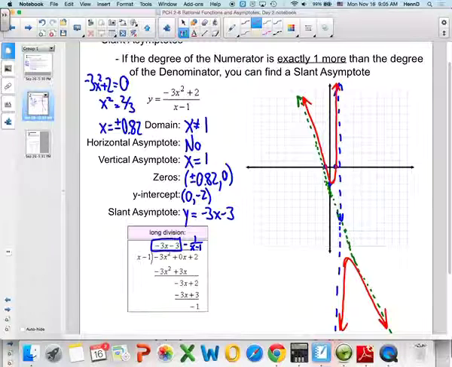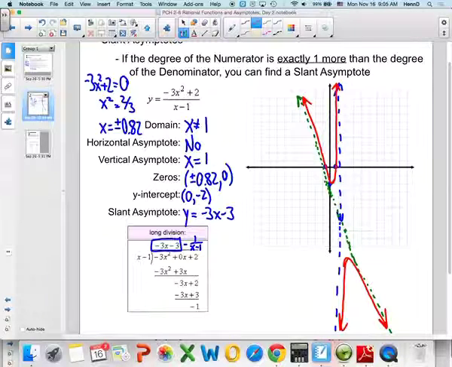And that's what that'll look like. For this slant asymptote, you don't use the remainder. Basically you'll just have a mirror image kind of thing.